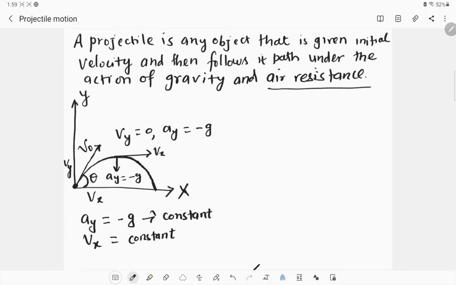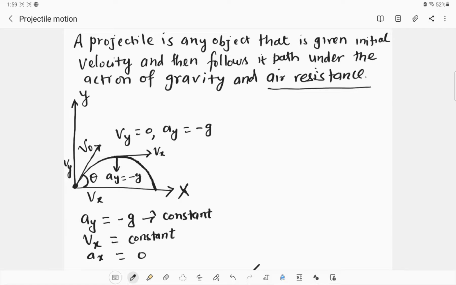So along the x-axis the acceleration will be 0, because if velocity is constant, there is no change in velocity, so the acceleration should be 0.